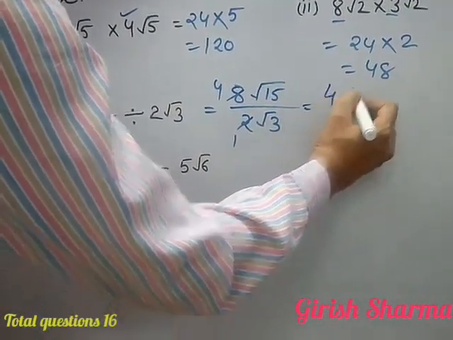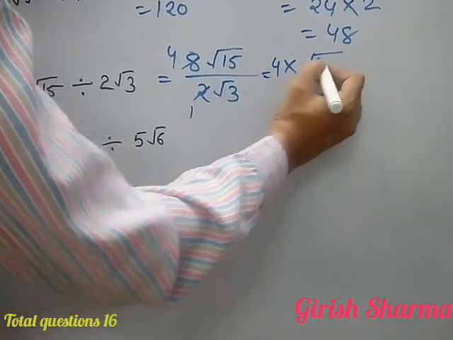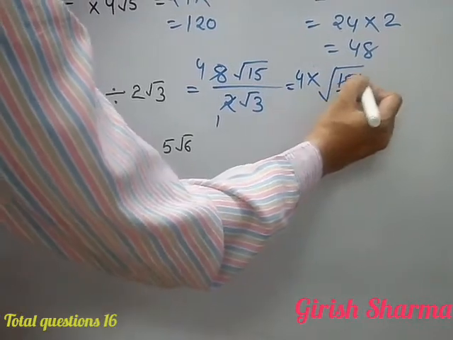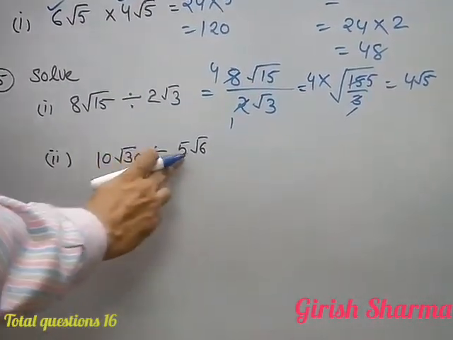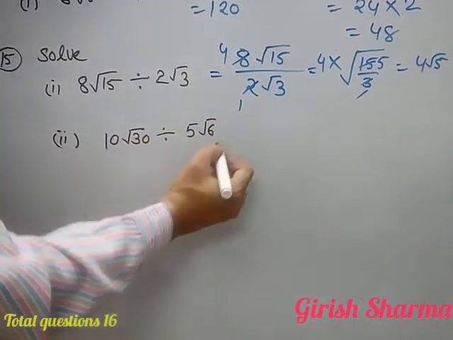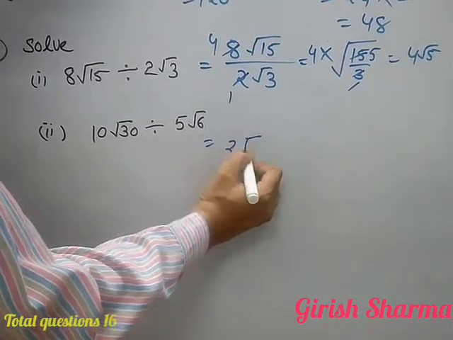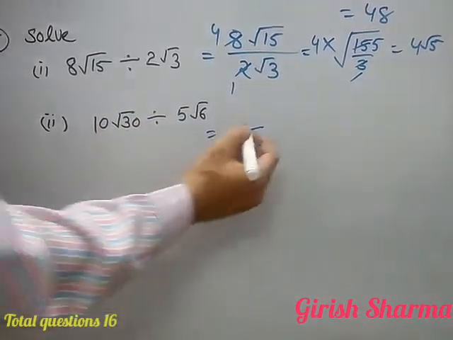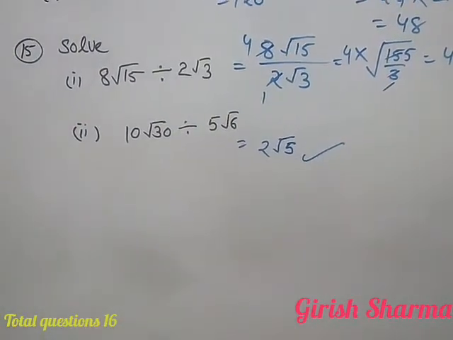I am explaining like this here: 4 root 15 upon 3, 15 upon 3 is 5, so 4 root 5. Now you can do it directly also. See here, 10 upon 5 is 2, then square root 2, and square root 30 upon 6 is 5. Like this you can save your time and do it accurately.